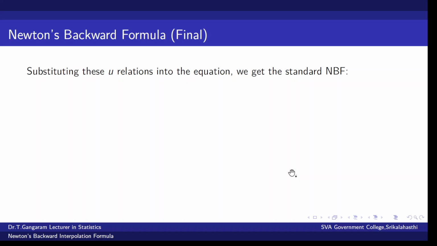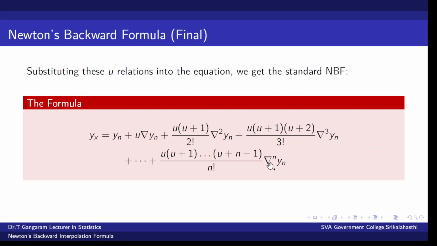Substituting these u relations into the equation, we get the standard Newton backward formula as yx is equal to yn plus u into Δyn plus u into u plus 1 by 2 factorial into Δ²yn, and so on.